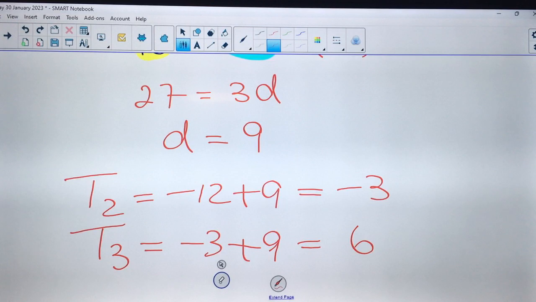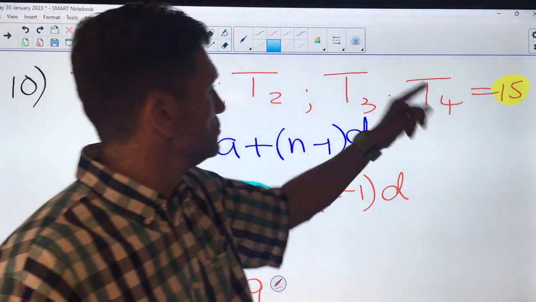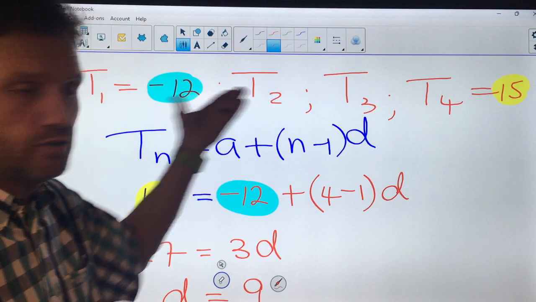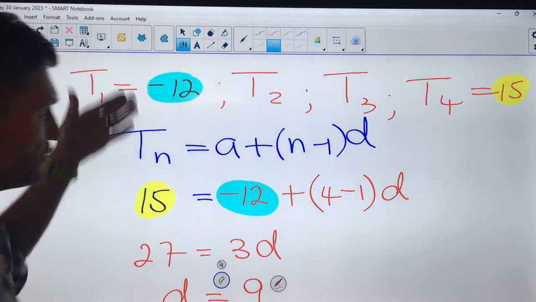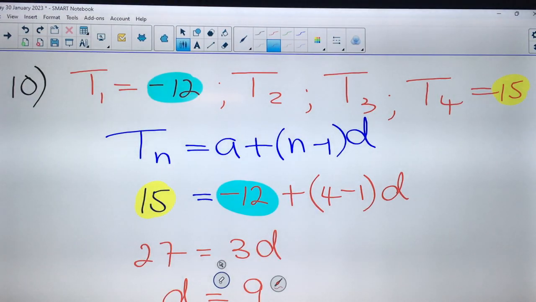You with me here? So if I want to insert one arithmetic mean, we use that formula, that's 1 plus 1, divided by 2. But if we have to insert more than 1, then we need to do this. If I want to insert 3, I will do exactly the same thing. I have the first one and I have the last one. And this applies to geometric means as well, but we'll get to that shortly.